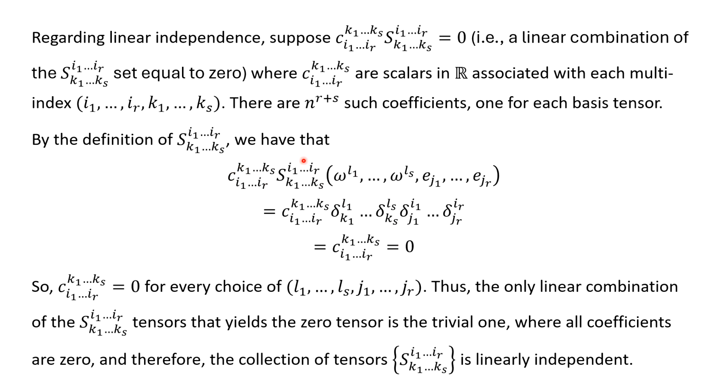And then when we apply the left-hand side to this, we'll make use of the definition of the tensors S. So this, as you recall from two slides ago, is equal to the product of these Kronecker deltas. And then when you do the Einstein summation over this, you just get the coefficients. And as I mentioned, evaluating on the other side of this, we get 0.